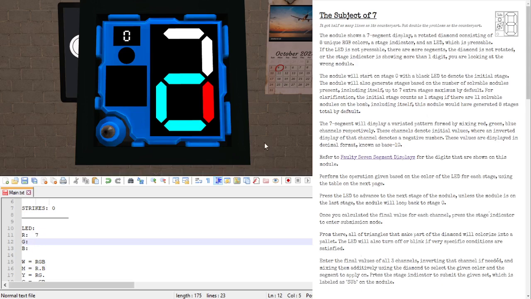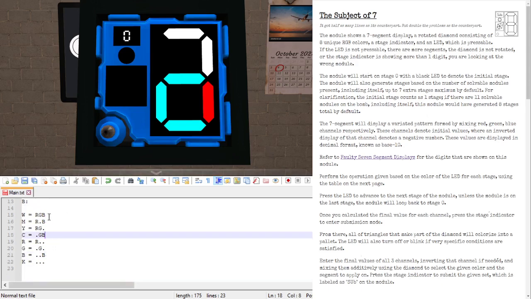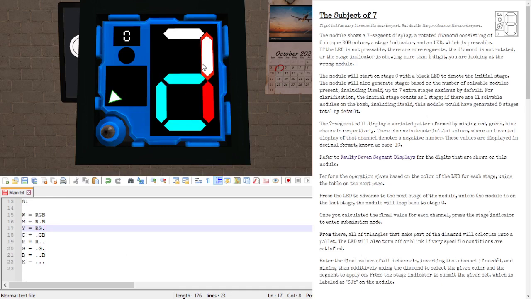For green, let's do the same thing. Green is contained in white, yellow, cyan, and green, of course. From these we have just white and cyan, and those give us the digit 2. And what about the blue one? For the blue one, we have the same approach: cyan, white, blue, and magenta.